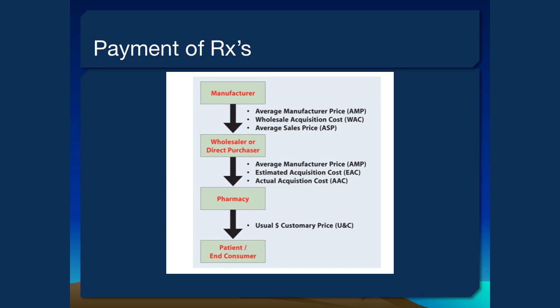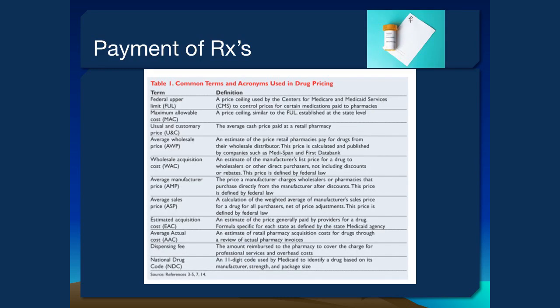However, when you're looking at the payment from a contract, your goal is that you purchase significantly cheaper than what either the AWP is, which is an estimate of the price retail pharmacies pay for drugs from the wholesaler distributor, or they use what's called WAC, which is another estimate of the price.